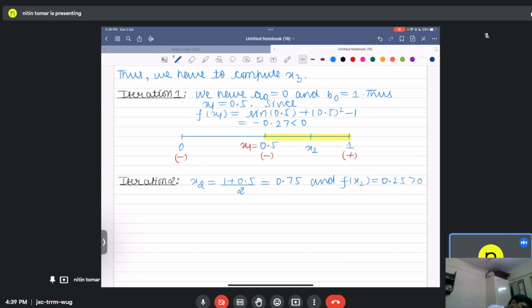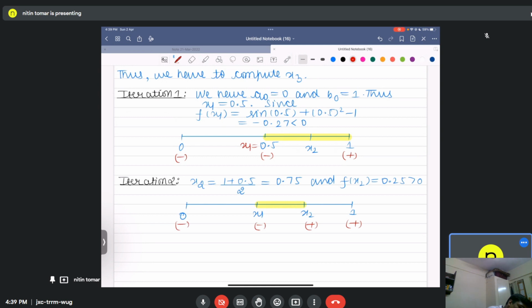So you draw the picture again. Now you have x1, x2, 1, and negative, negative, positive, positive. So again, by the intermediate value theorem, the root will lie in this interval.